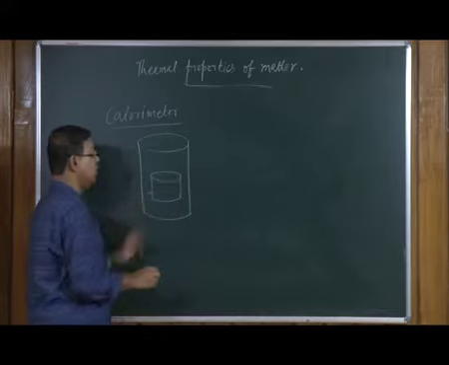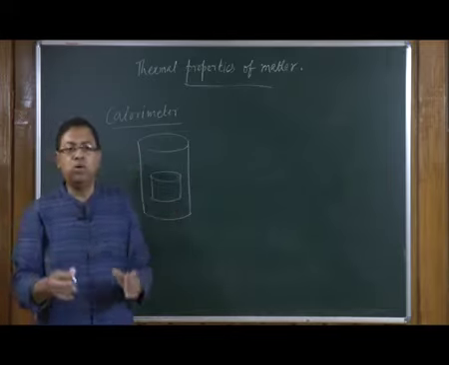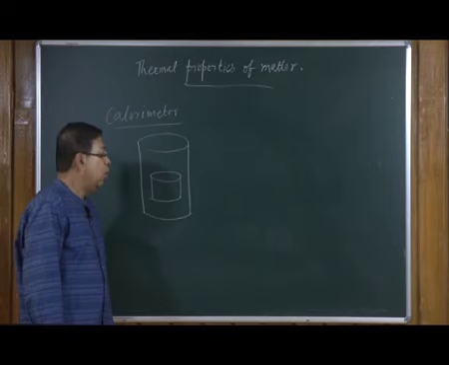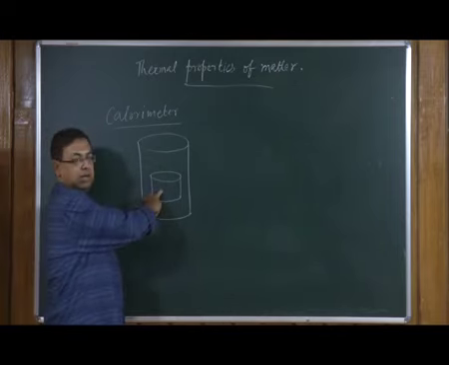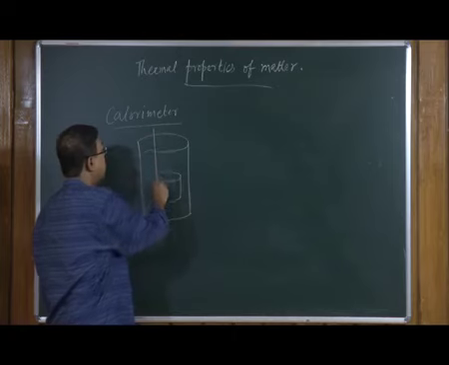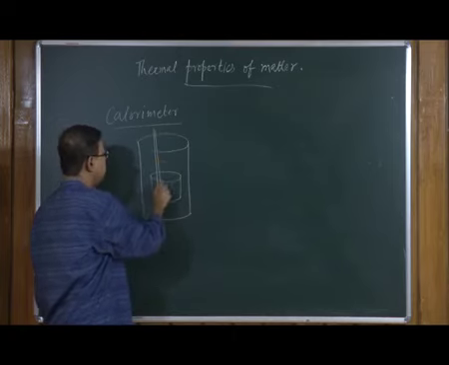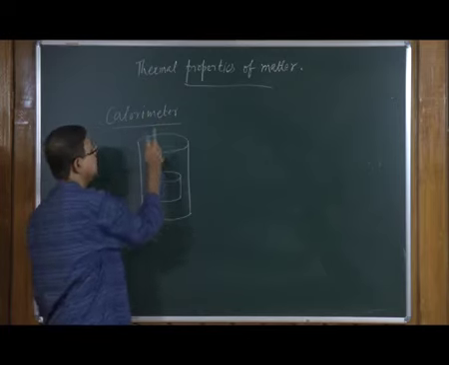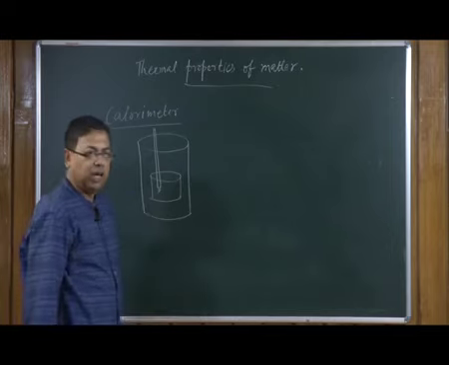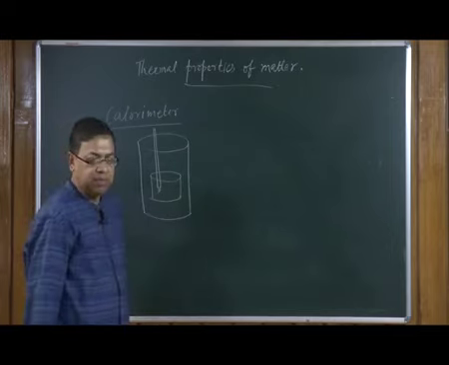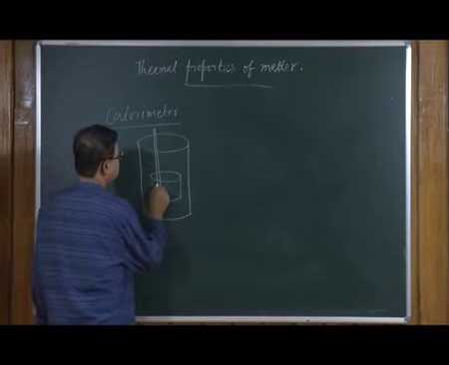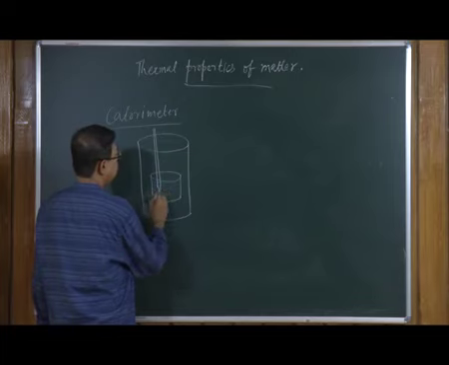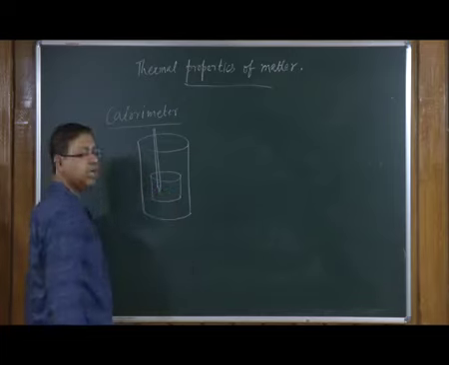So, there is an insulating wall outside, and there is an inner space where a particular substance is kept, and one can measure the temperature by using a thermometer, such as a mercury in glass thermometer that we have talked about earlier. So, there is a fluid here whose temperature can be measured by using a thermometer.